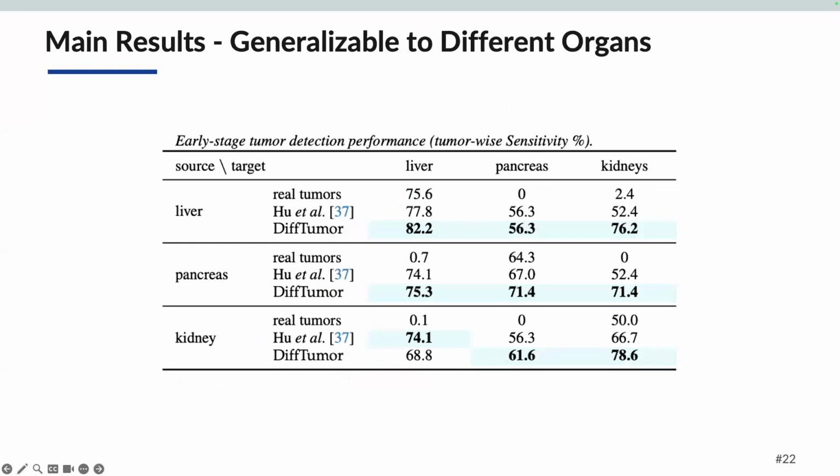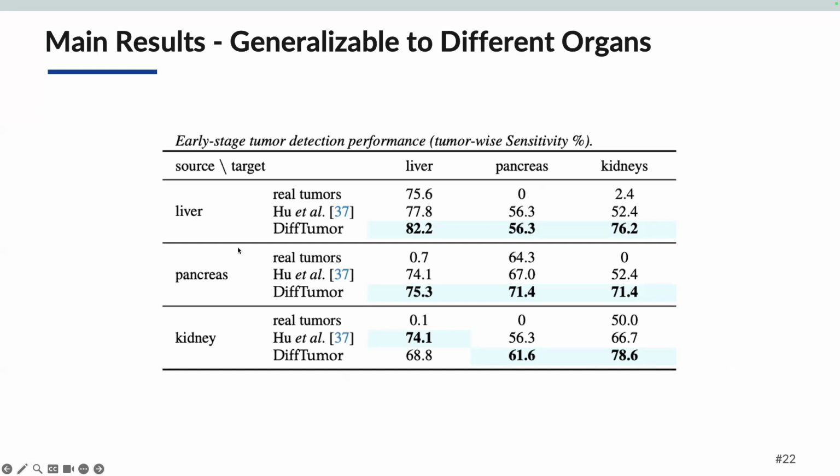And in order to verify the effectiveness of our method's generalization capability across different organs, we conducted comparative experiments across 3 different abdominal organs. This involved training segmentation models on tumor data from a single organ.